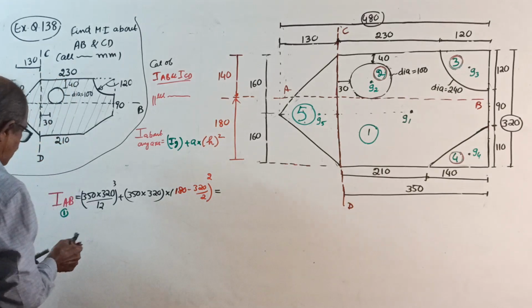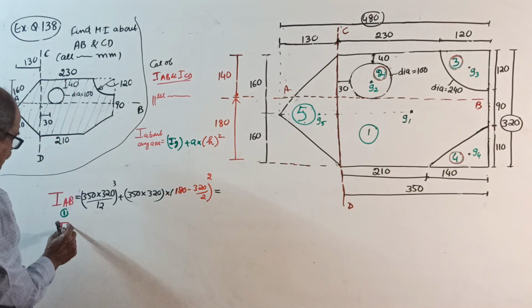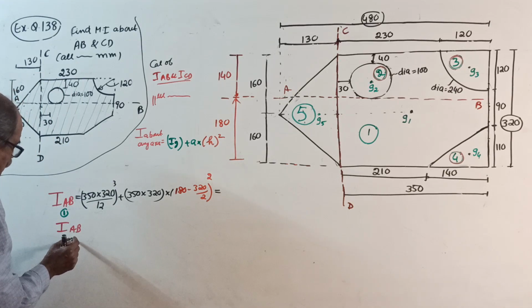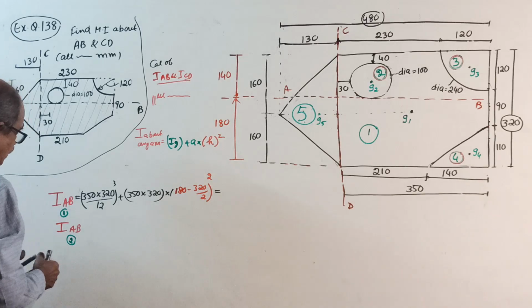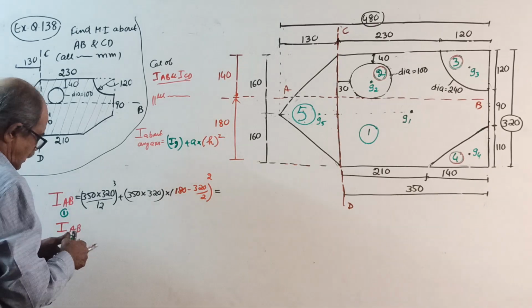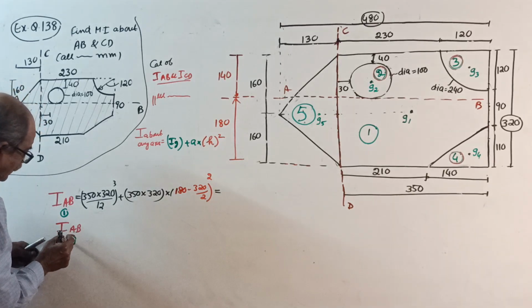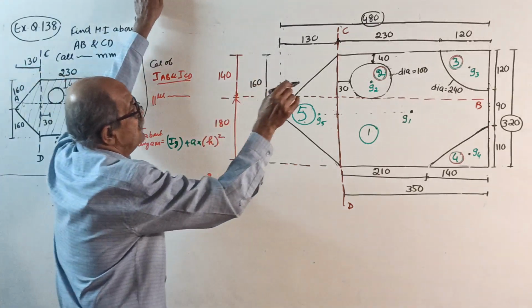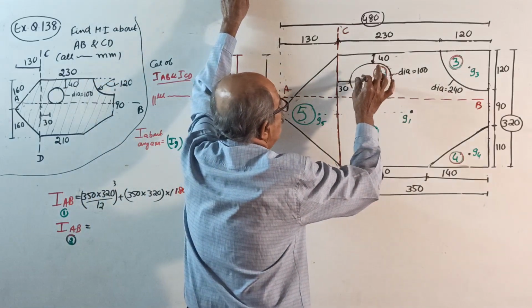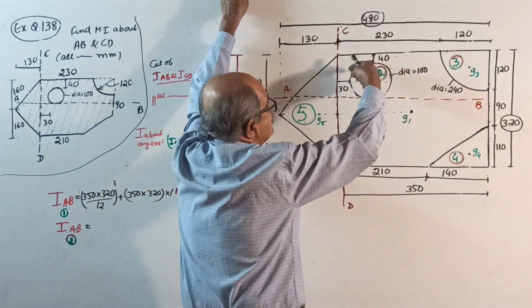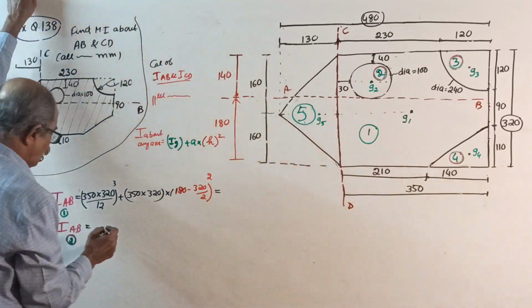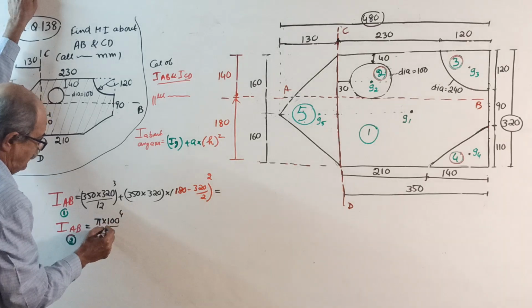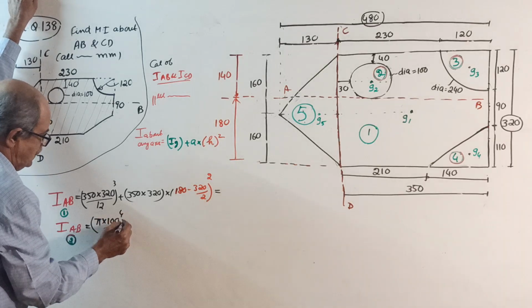Then I about AB for part 2. Remember, for this part 2, I will put a warning in red, a round-off. Remote part. Come here. I about its own centroidal axis. Circle, so pi d power 4 by 64. Pi into 100 power 4 by 64 is IG.